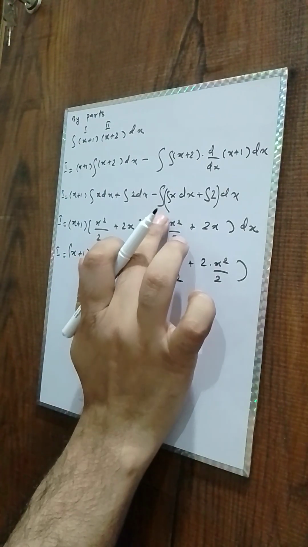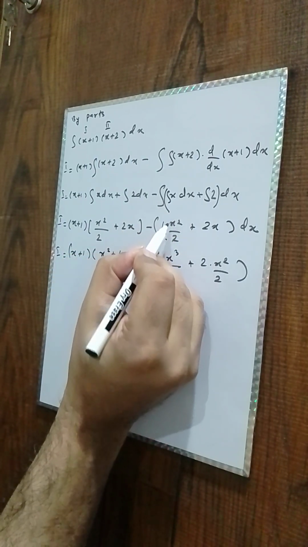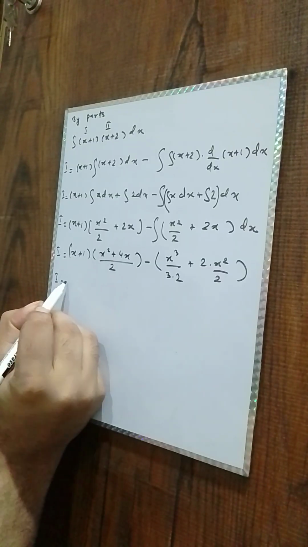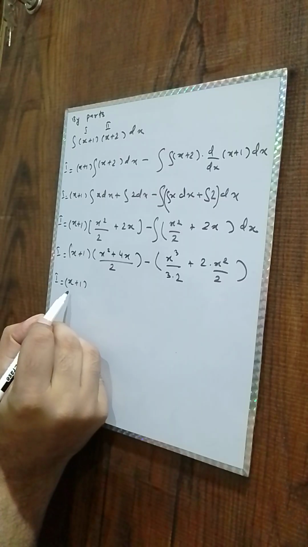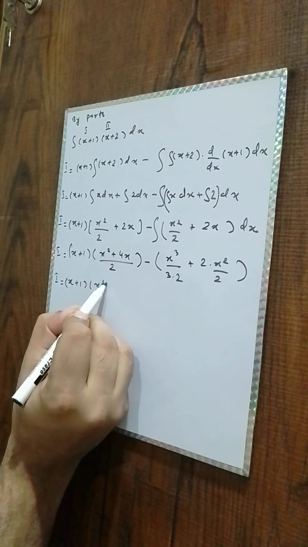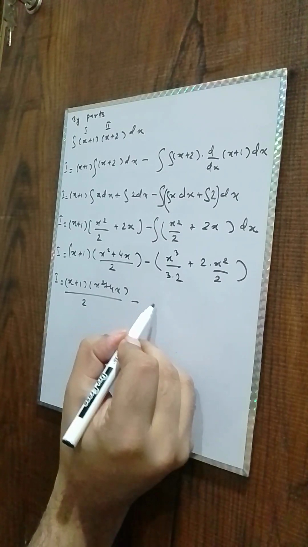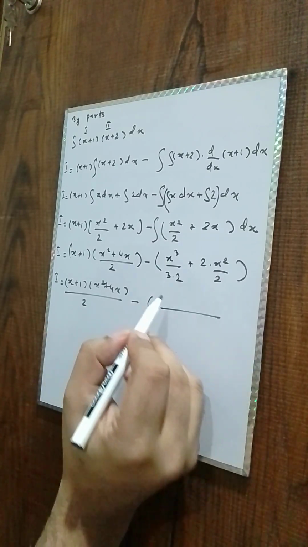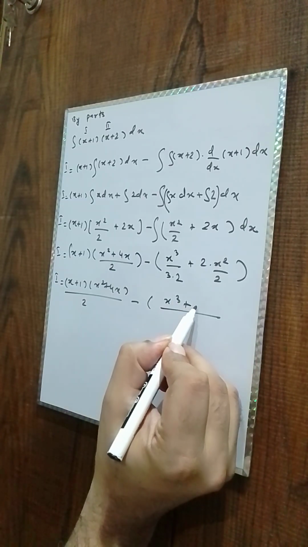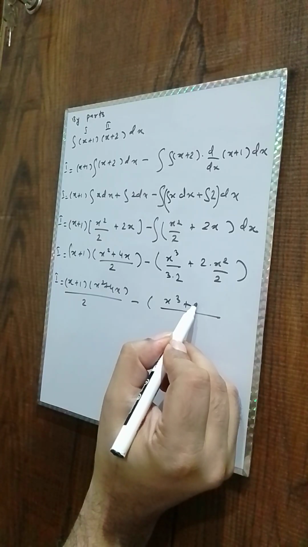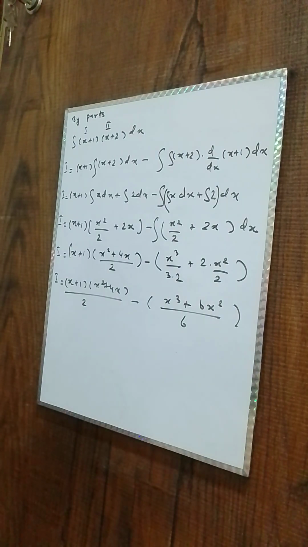So it is equal to x plus 1 into (x squared plus 4x) by 2 minus, now taking the LCM here, 6, and x cubed plus 3 dot 2, which means 6x squared.